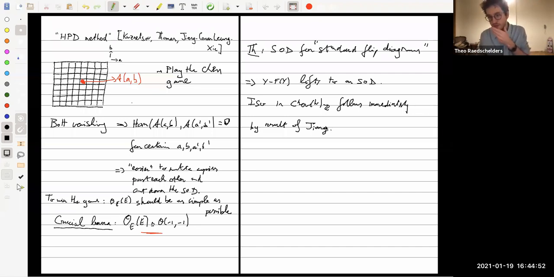And at this point, I should also mention that after we put our preprint online, Jiang emailed us explaining that he himself and Conan Leung and G have managed to axiomatize this favorable situation of the chess game to such a level that you can get both HPD and this theorem here for flips.